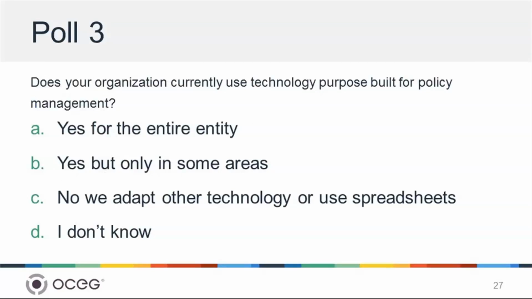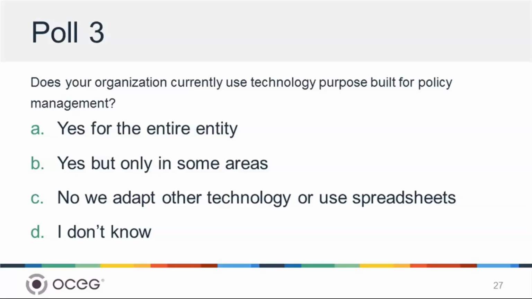You can say yes, across the entire entity; yes, but only in some areas; no, we adapt other technology or we use spreadsheets; or if you don't know, say you don't know. Just make sure you answer the poll and pick whichever is most appropriate for your response.